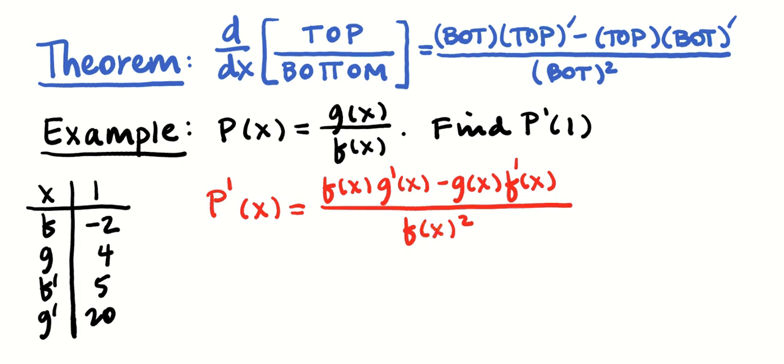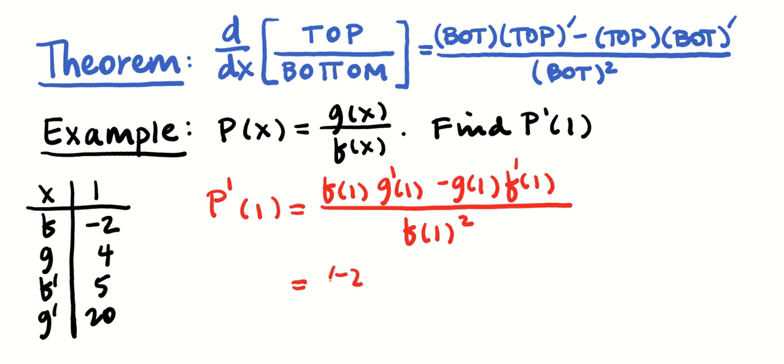All right. Then wherever I see x, I'm going to plug in 1, right? f of 1, g prime of 1, g of 1, f prime of 1, and f of 1 squared. And I can look all these numbers up off the table.